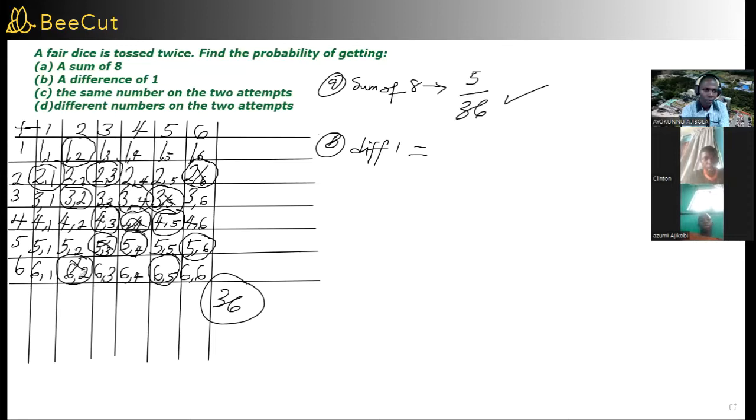Yes. So that should be all by now. That's a difference of 1. So let's count together. 1, 2, 3, 4, 5, 6, 7, 8, 9, 10. That's 10. So that will be 10 over what?